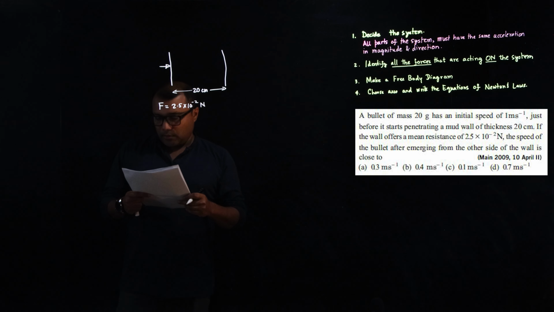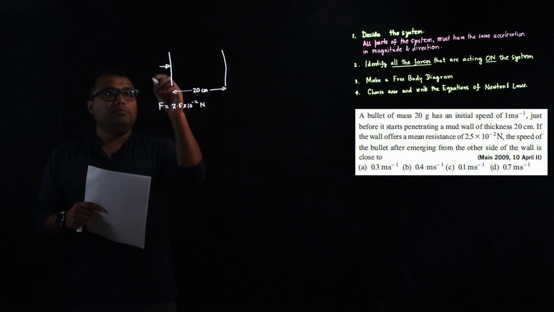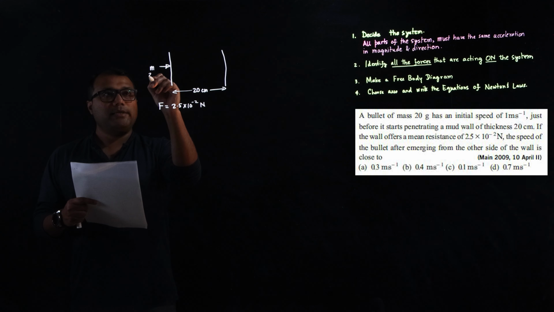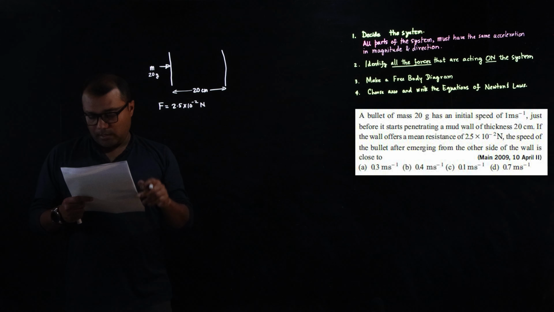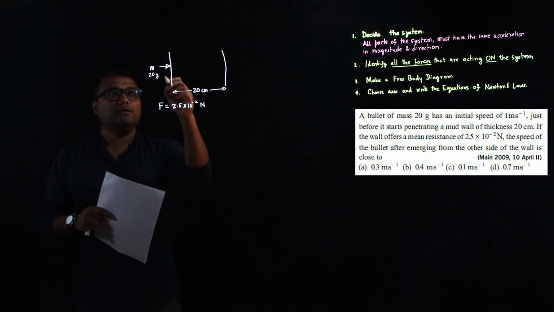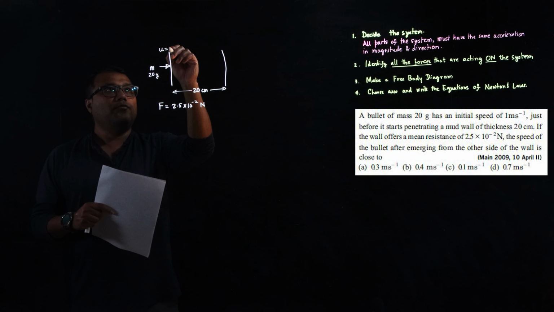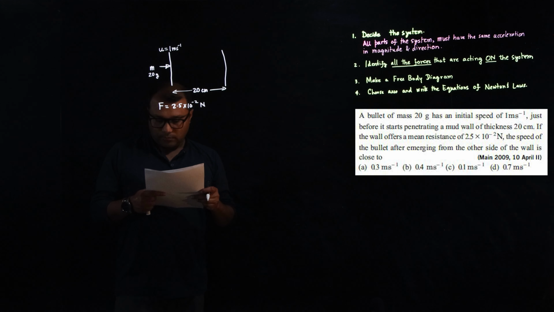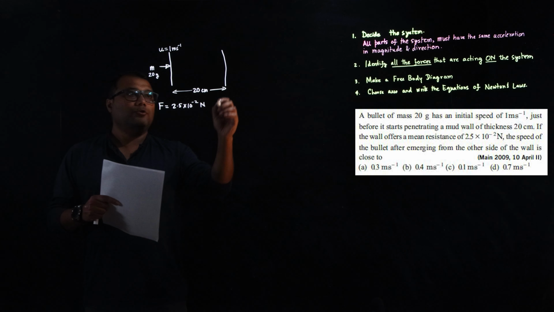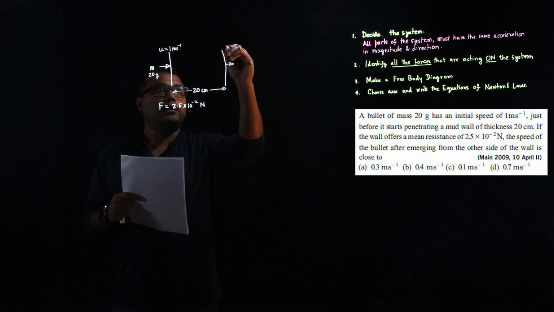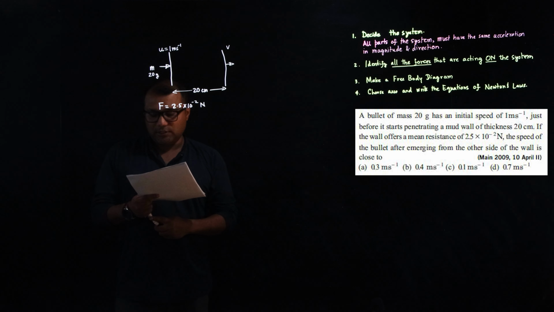Okay, the mass of the bullet, that says M, is 20 grams. And that initial velocity U is 1 meter per second.